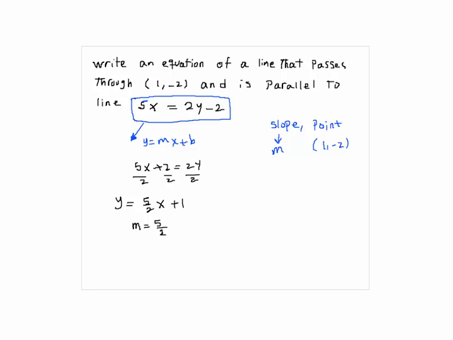If two lines are parallel, we talked about this last time also. If two lines are parallel, what's the relationship between their slopes? If the slope of line 1 is A over B, what's the slope of the second line?